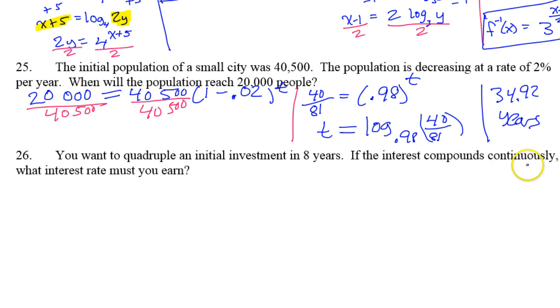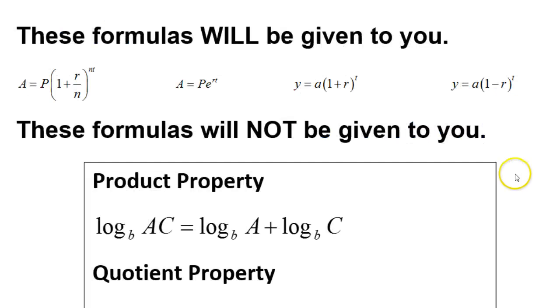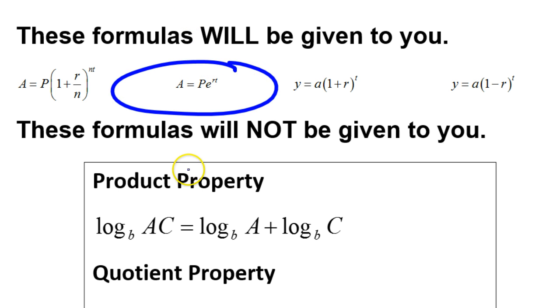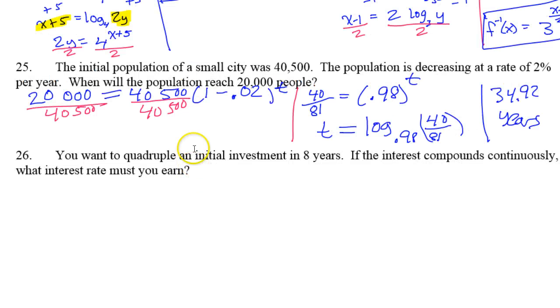So, continuously. Which formula do we use for compounded continuously? The second one, Pert. That's the compounding continuously formula. So you have to know which formula is which. I'm just going to make up a number.